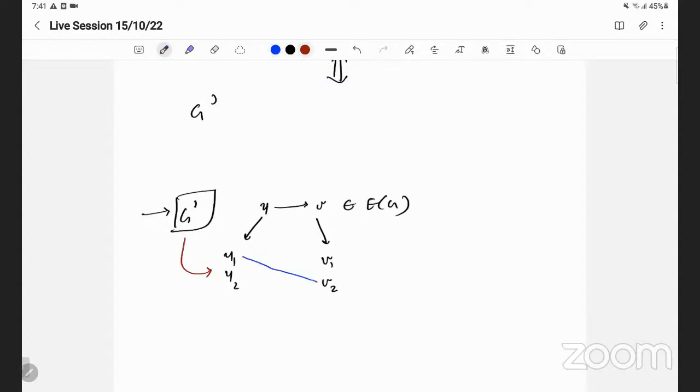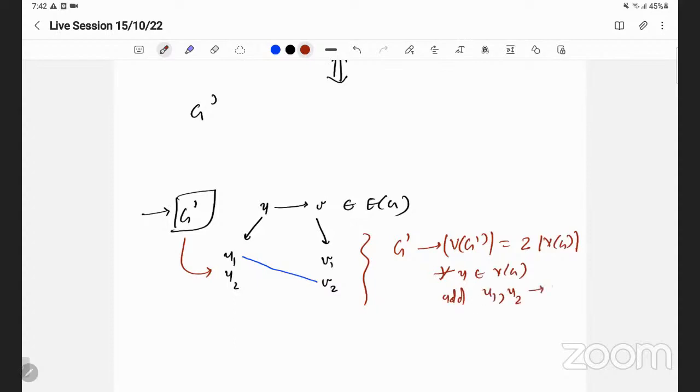So the number of vertices in G prime is 2 times the number of vertices in G, because for all u belonging to the vertex set of G, I am adding u1 and u2 to the vertex set of G prime.